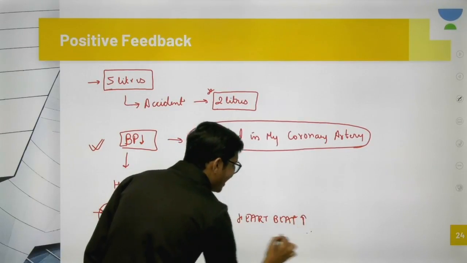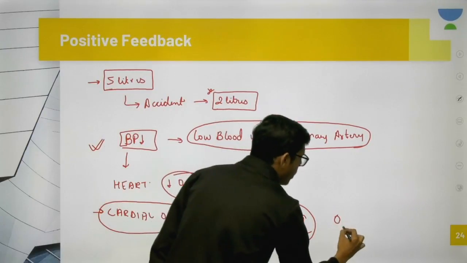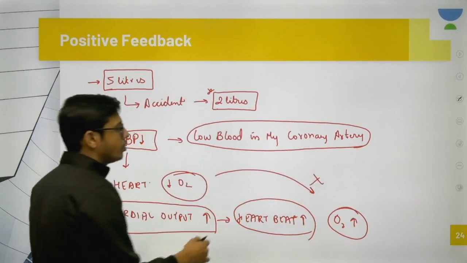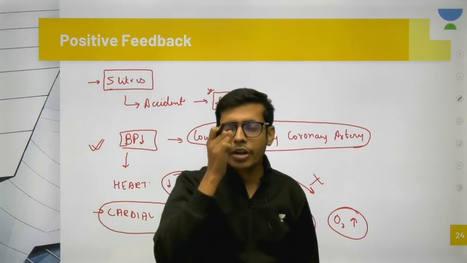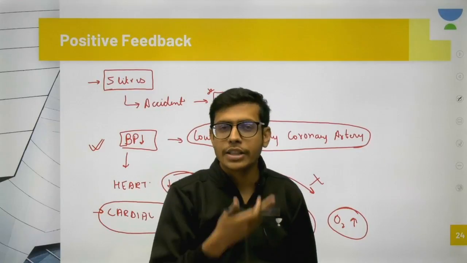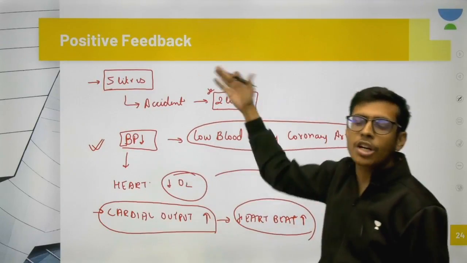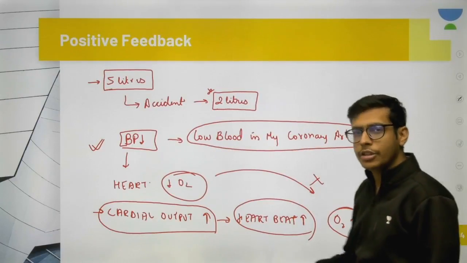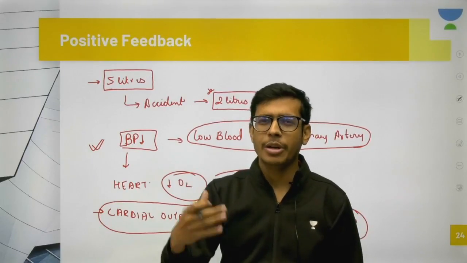So the requirement of O2 increases, but I am getting a smaller amount of O2. What will eventually happen? You'll get a heart attack, right? Your heart will go into cardiac arrest and you will eventually die. So this positive feedback mechanism is the cause of your death. I hope you understand, right? So this is how the positive feedback mechanism works.